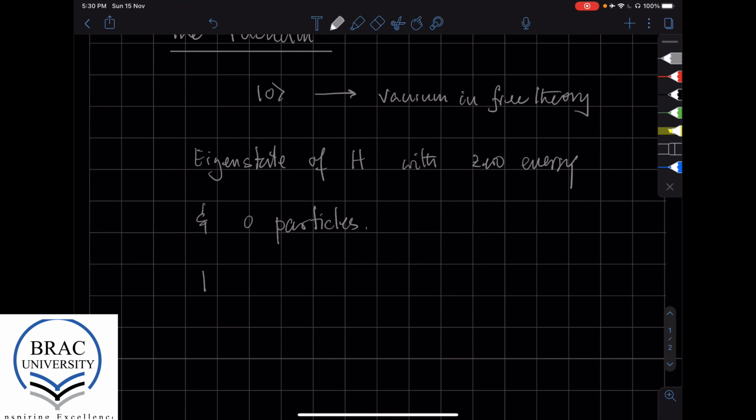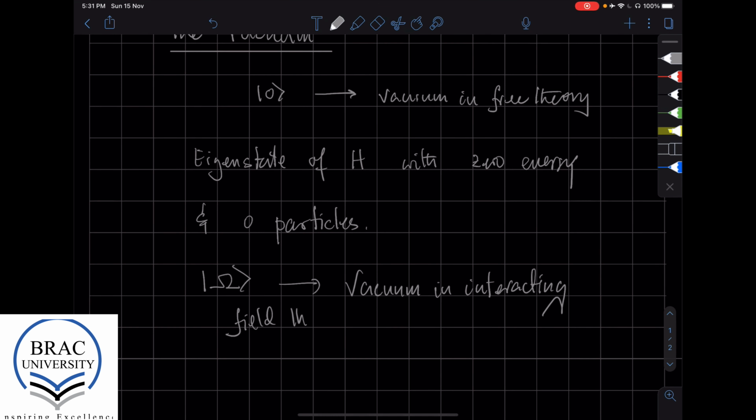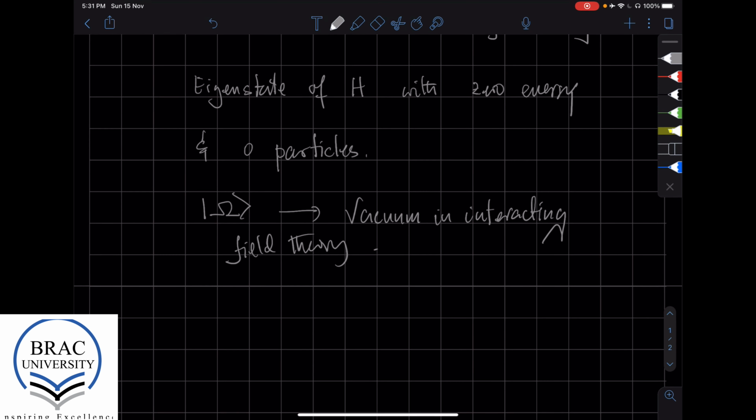What we shall see is that for an interacting field theory, the vacuum, which is denoted by omega ket, now this also has energy 0, that if I have the interacting Hamiltonian H, the Hamiltonian of the interacting theory, that will give me 0.